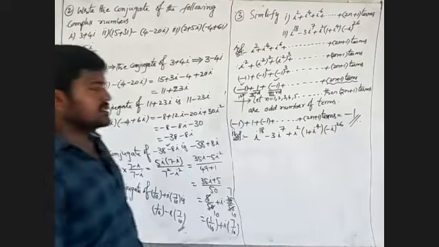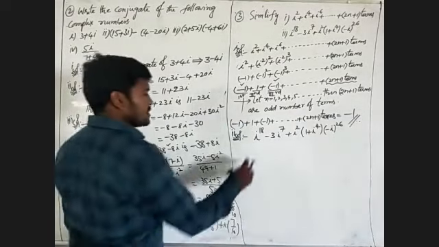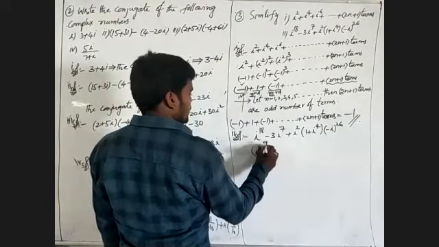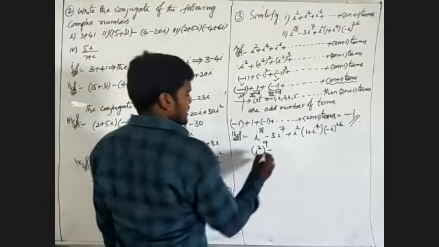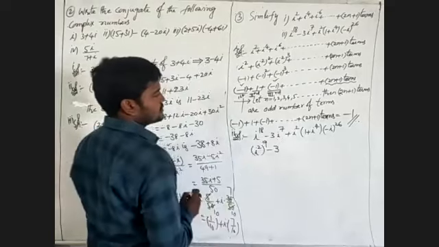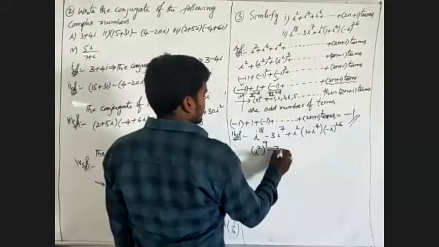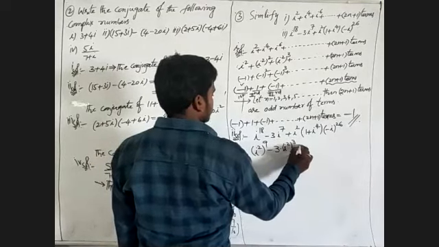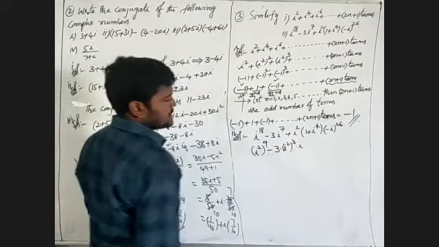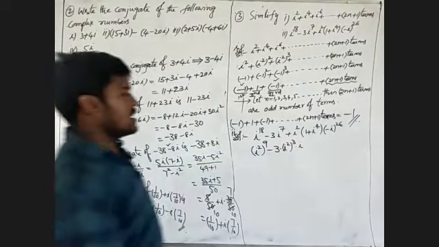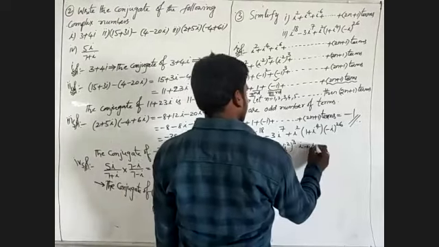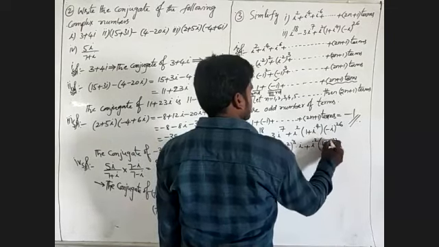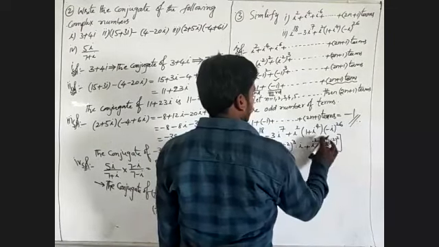We will observe this. i power 18 is written as i square whole power 9, minus 3 into i power 7, which I write as i square whole cube into i. After that, the remaining is i square into 1 plus i power 4, written as i square whole square.